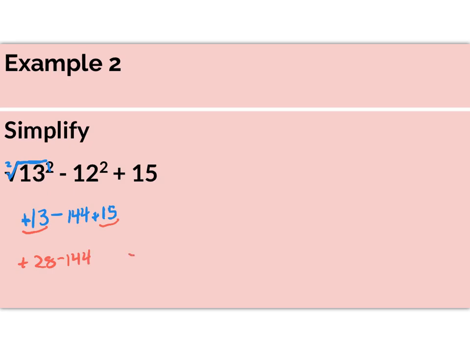So we got negative 144 plus 28, and we subtract. 14 minus 8 is 6. 13 minus 2 is 11. Take the sign of the larger number. So your answer is negative 116.